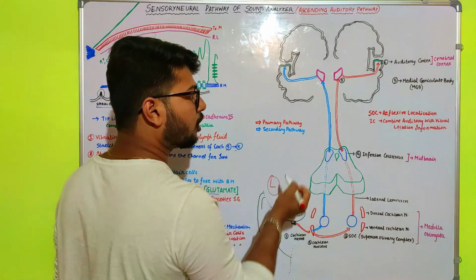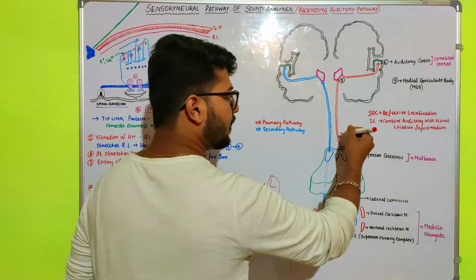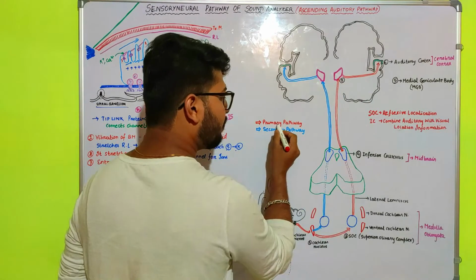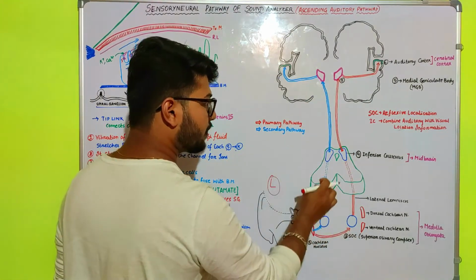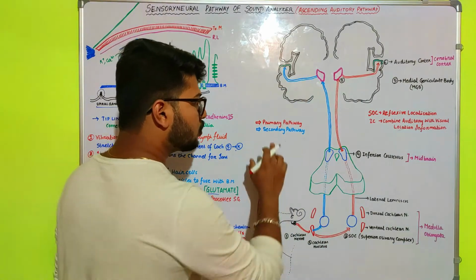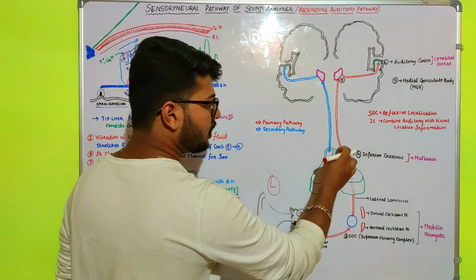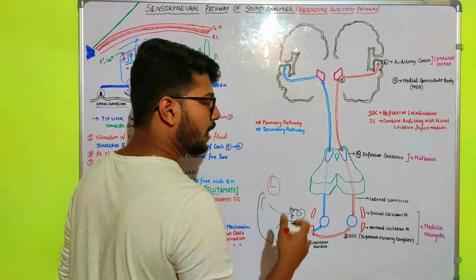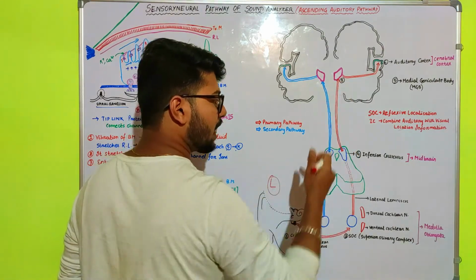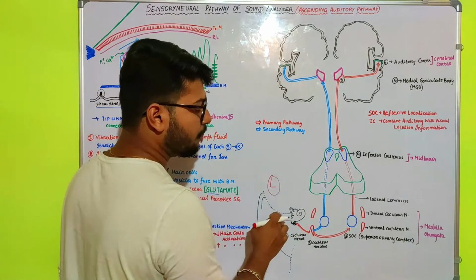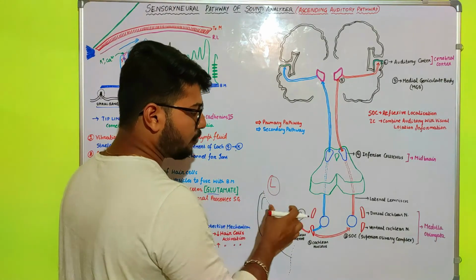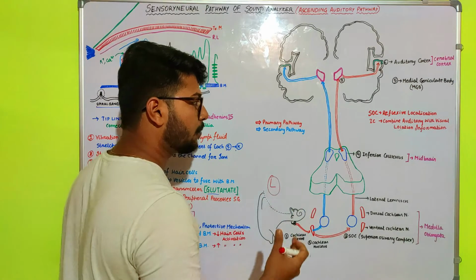And exactly at this inferior colliculus some fibers are going to cross, but majorly the primary pathway represents this red line and the secondary pathway represents these blue lines. Okay, so most of the neuronal fibers remain on the contralateral side with respect to the inner ear from which the sound information is coming.